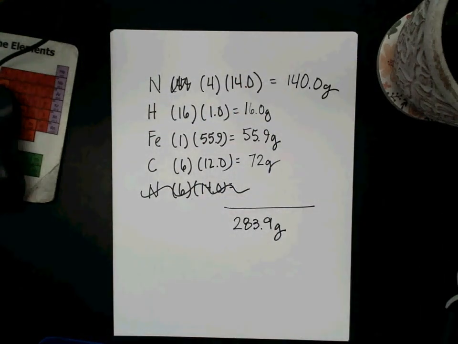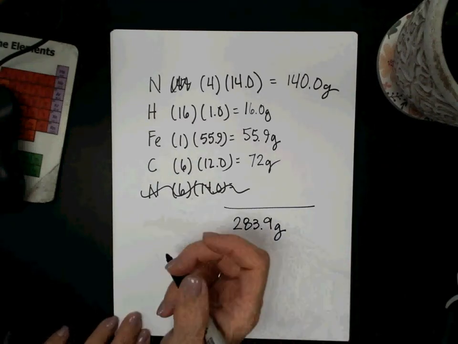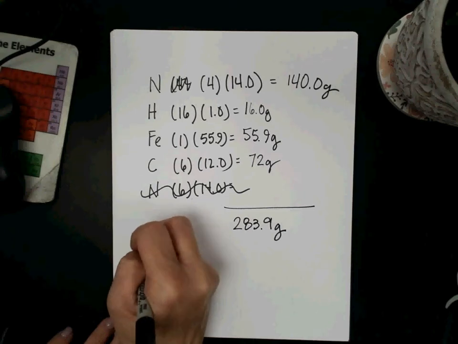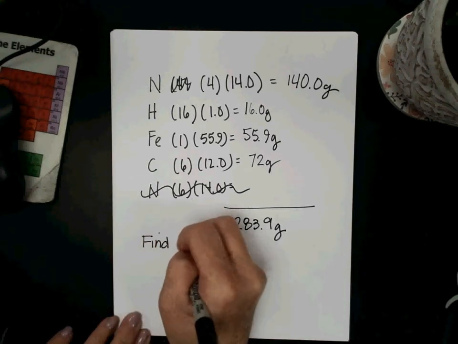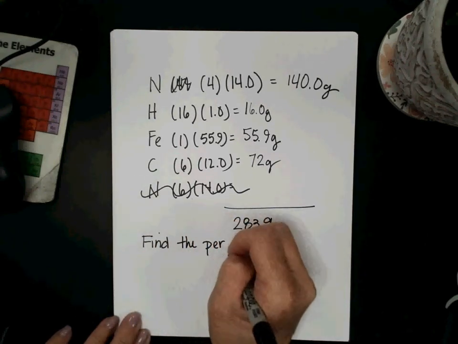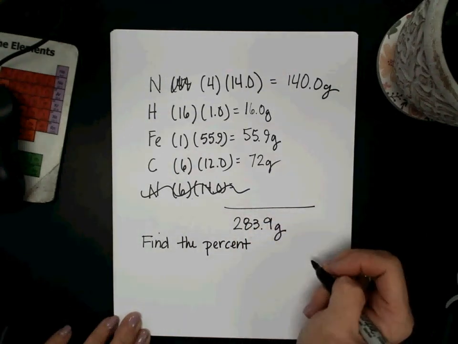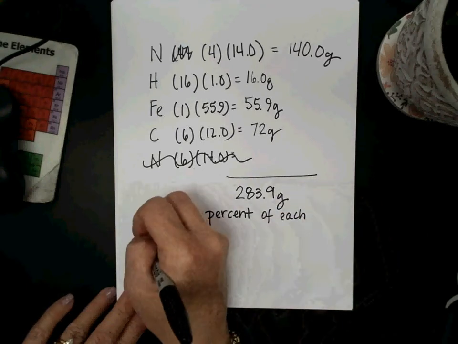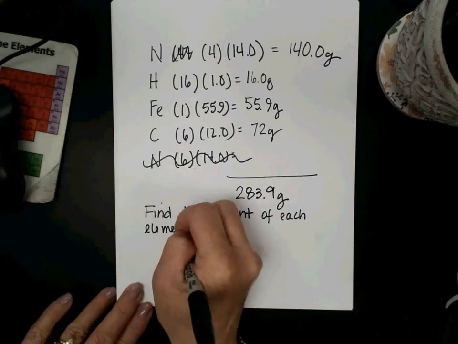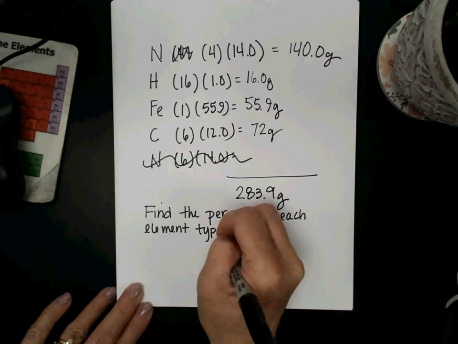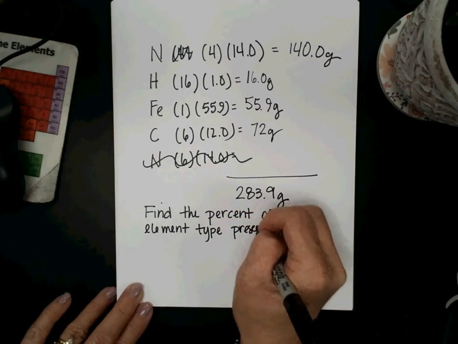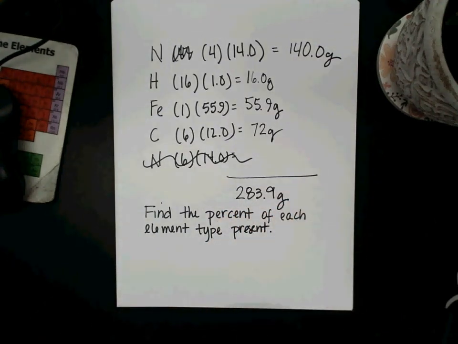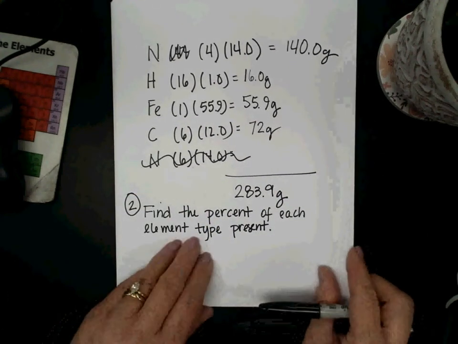And you'll see why I'm having you put them out to the side like this, so they're quick to go back and find. So now I'm going to say find the percent of each element type present. So this would be like step 2.